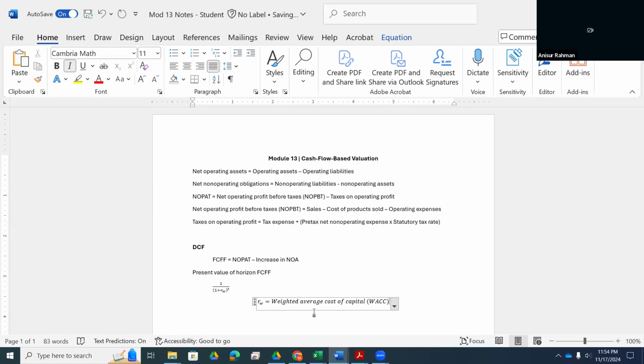You have heard this term many times, I'm sure. And T is the number of years. If it is 1 year for which we are calculating the present value, the value of T will be 1. If it is for the second year free cash flow to the firm for which we are calculating the present value, T will be 2, and so on and so forth.